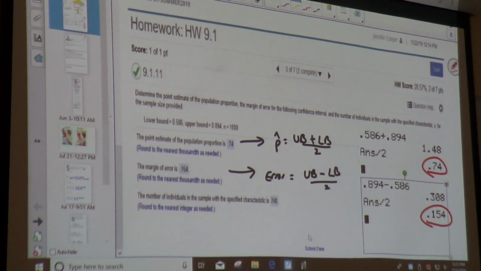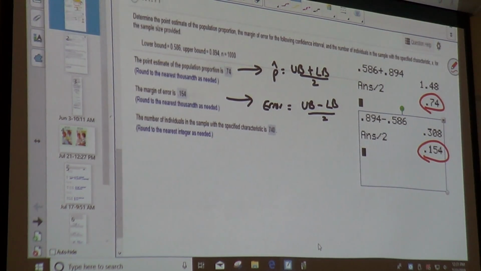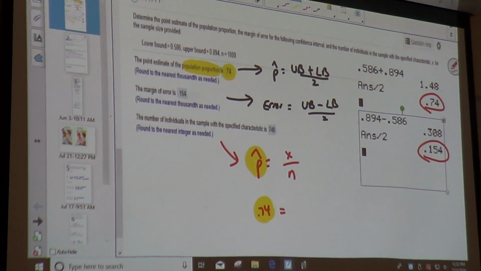Now, for part C, P hat equals X over N, which is what we talked about just a minute ago. We know what our P hat is. Our P hat is our population proportion, so it's going to be 0.74.